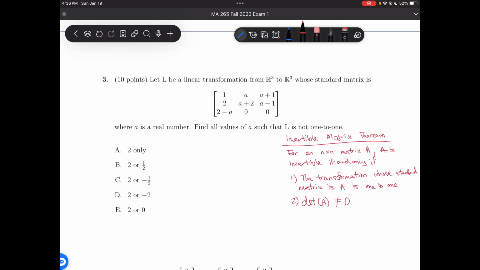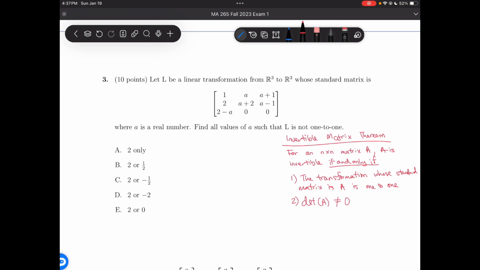And so the important line here is that it says A is invertible if and only if, and that, since we have two statements here, either both of these statements are true or both of these statements are false.